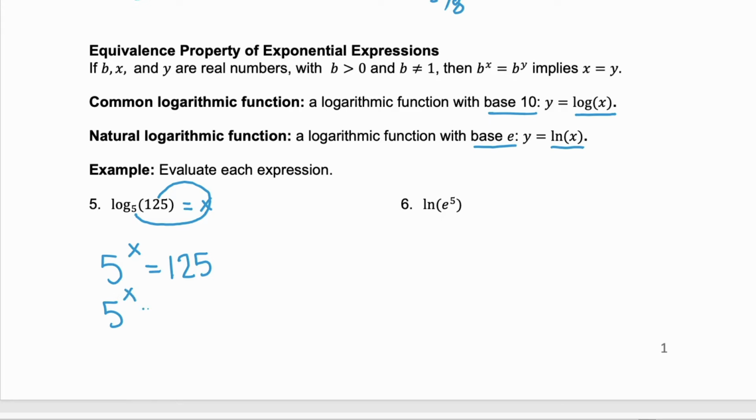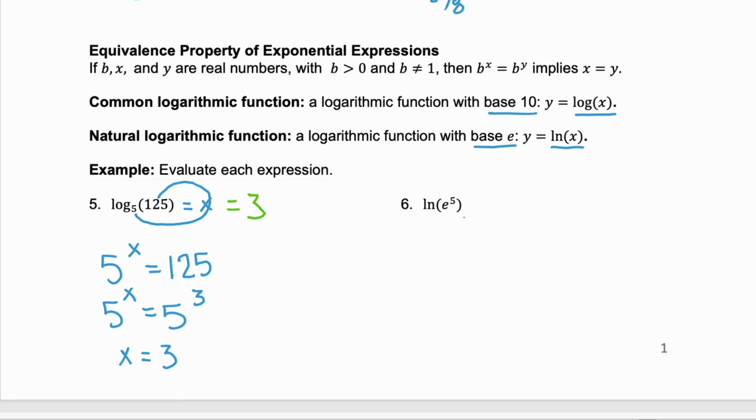Now, to use that equivalence property of exponential expressions, we can rewrite 125 as 5 to the power of 3. Since both sides have the same base, 5, we can set those exponents equal to each other. So we know that the solution to log base 5 of 125 is equal to 3.